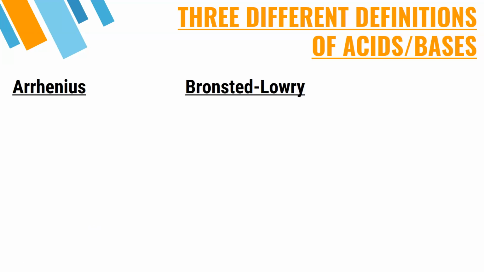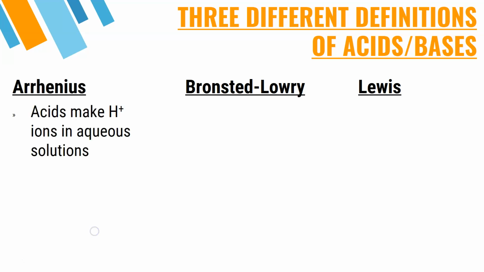There's the middle of the road one, Bronsted-Lowry, and then the most complicated definition, which is called Lewis. So Arrhenius acids make hydrogen ions when you dump them in water. You get H pluses floating around, and you get hydroxides floating around. That's what most people think of when they think of acids and bases.